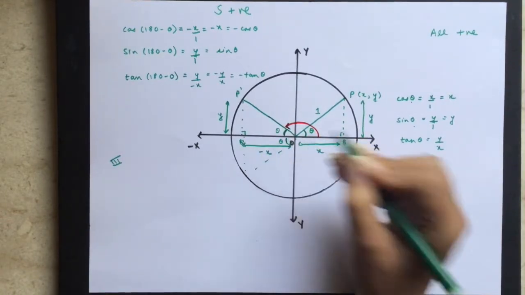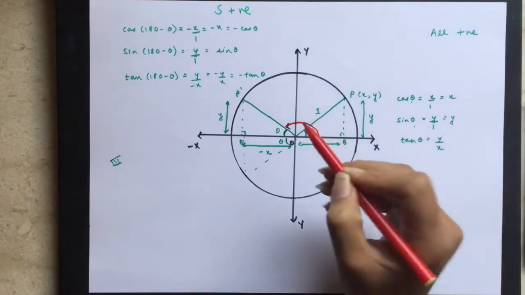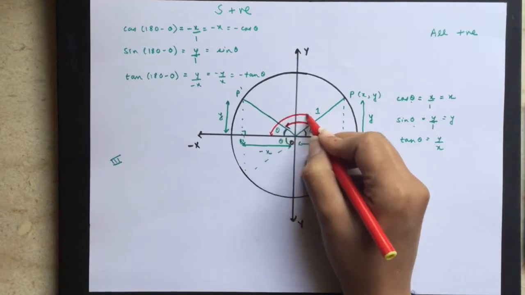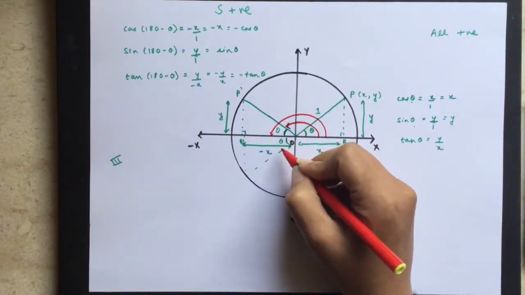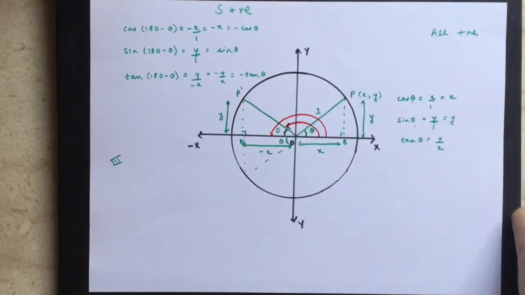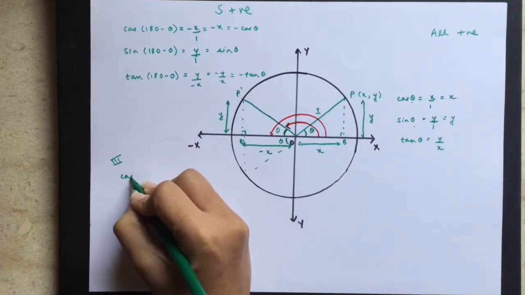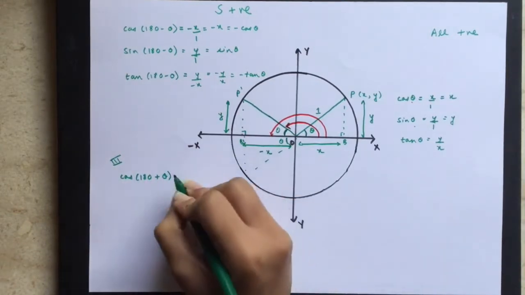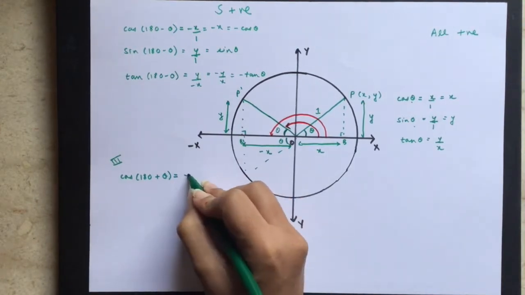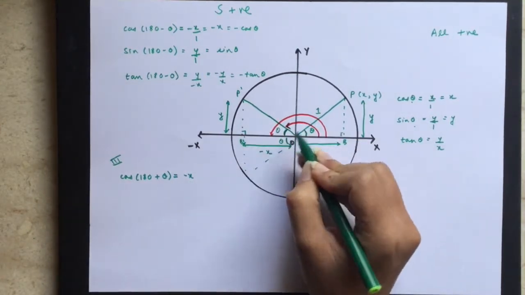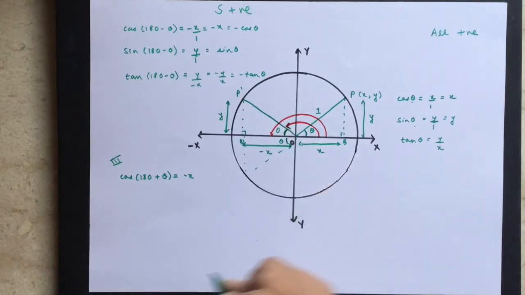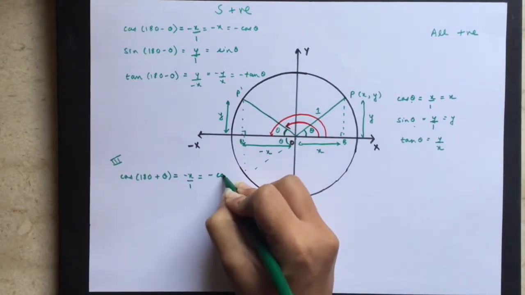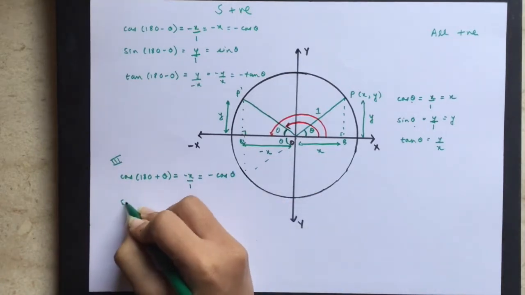Finally, in the third quadrant, if we project a similar triangle here, which is giving out this angle theta, what I'm going to call this instead of just theta is 180 degrees plus theta. So this becomes cos of 180 plus theta, which is again minus x, because we're in the third quadrant, where both x and y will be negative. So it's minus x by 1, which is minus of cos theta.